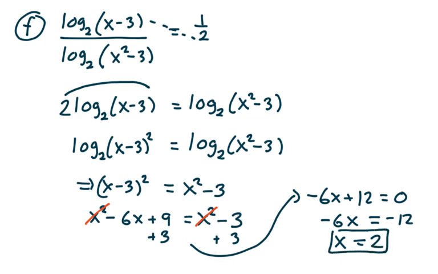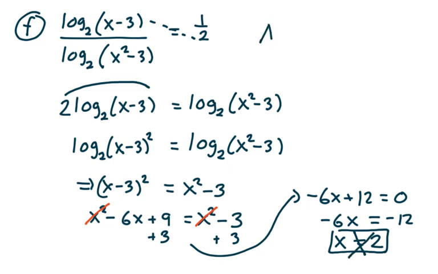Now, here's the question. Does x equal 2 work? And if you plug that in for x, right? So you can plug it in the denominator or plug it in the numerator. And if you plug it in either one, that's not going to work. Okay? So this doesn't make any sense.